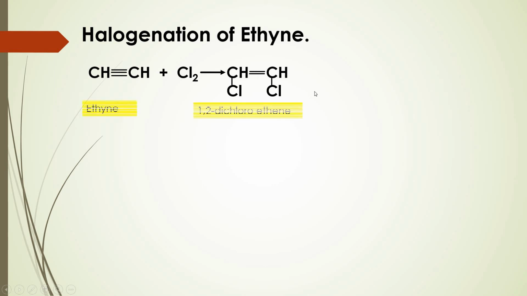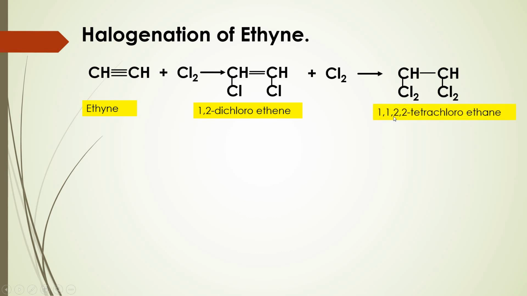Now here again there is a double bond. So in the second stage, when chlorine is added, one of the covalent bonds of this double bond breaks and forms two more covalent bonds, one on each carbon atom, where chlorine atoms can be attached. So again two more chlorine atoms get attached to the compound, forming the final product CHCl2-CHCl2.